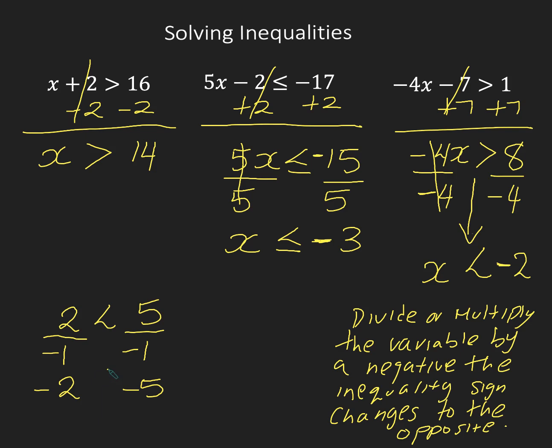Now, if I keep that inequality sign, is negative 2 less than negative 5? The answer is no. So we have to use the correct inequality. The correct inequality would be negative 2 is greater than negative 5. And that's the reason why whenever you divide your variable by a negative integer, your inequality sign must change directions.